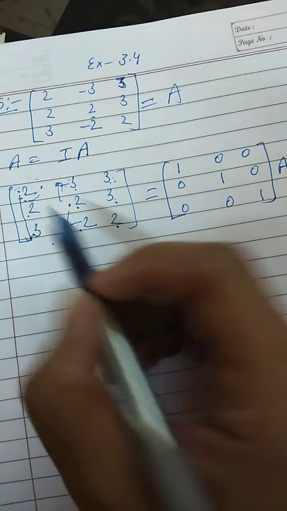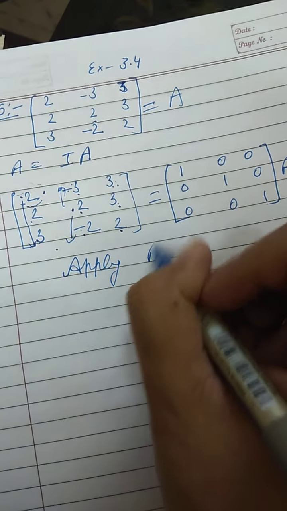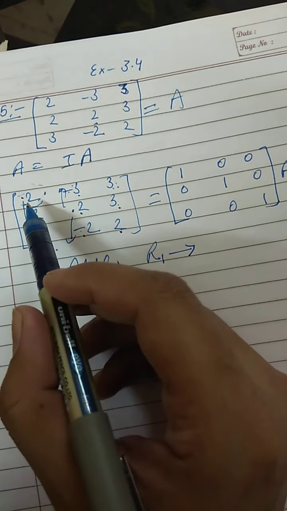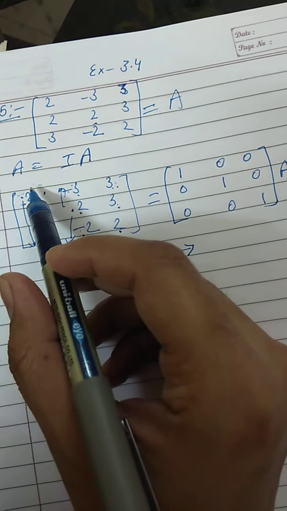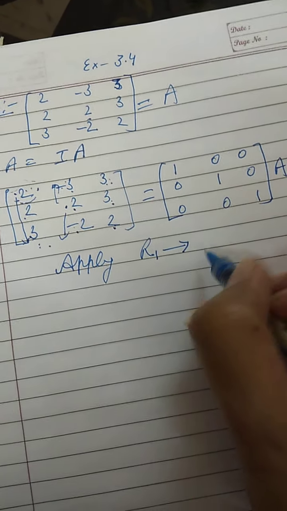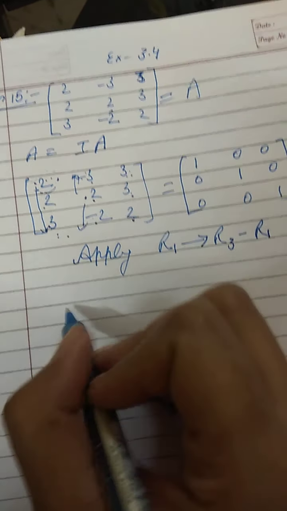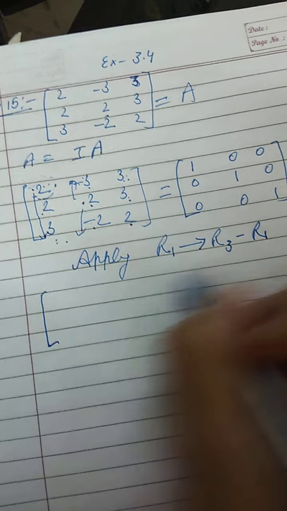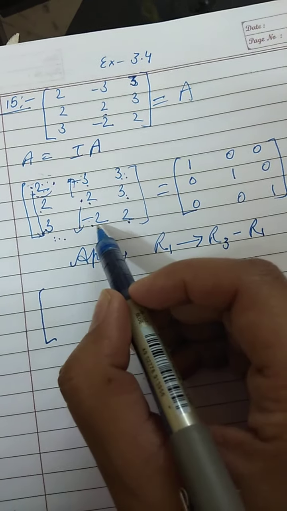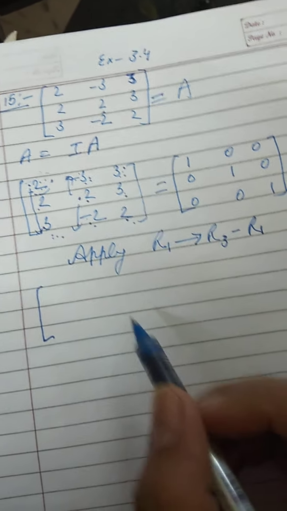I can do in row 1, we will write down here apply. The operation we are applying in R1, that means row 1. What is the operation? In R1, we will do R3 minus R1 because 3 minus 2 will give us 1. So here we will write down R3 minus R1. Okay, now R3 minus R1 we are writing, that means it will go 3 minus 2, minus 2 minus of minus 3 and 2 minus 3, right?